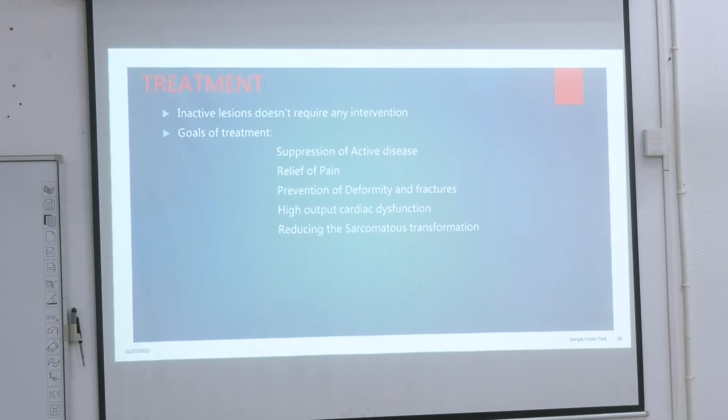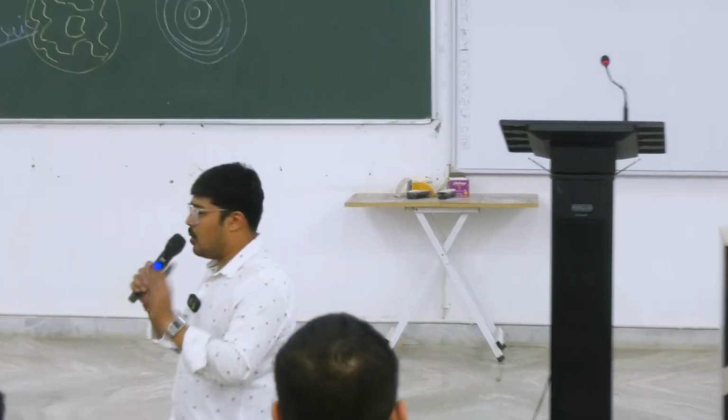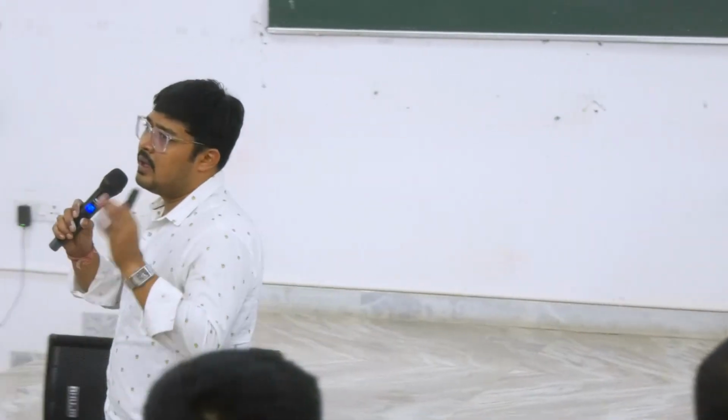What is the treatment? Treatment is mainly suppression of active disease, relief of pain, prevention of deformity and fractures, correction of high output cardiac dysfunction and reducing sarcomatous transformation. The bones which have become sclerosed, inactive after the increased sclerotic activity, don't need any surgical or medical intervention unless they are compressing a nerve root. But what are our goals of therapy for the patient?